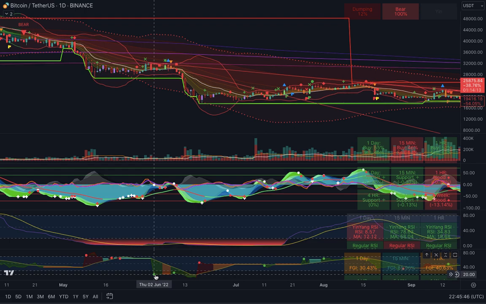It's pretty much sitting at the 18. What does that mean? Does that mean you've got to sell? Is that a sell sign? You've got a low RSI, isn't this a time to buy? Well, RSI speaking, yes. Fear greed, no.